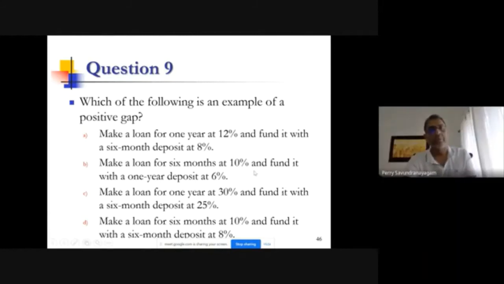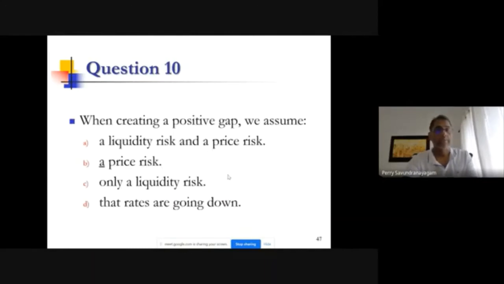B. Okay. Anybody else? Correct. So you raise short-term assets and you try and raise long-term liabilities. Oh, sorry. When we create a positive gap, I've already outlined that, we assume a price risk. No liquidity risk, just a price risk.